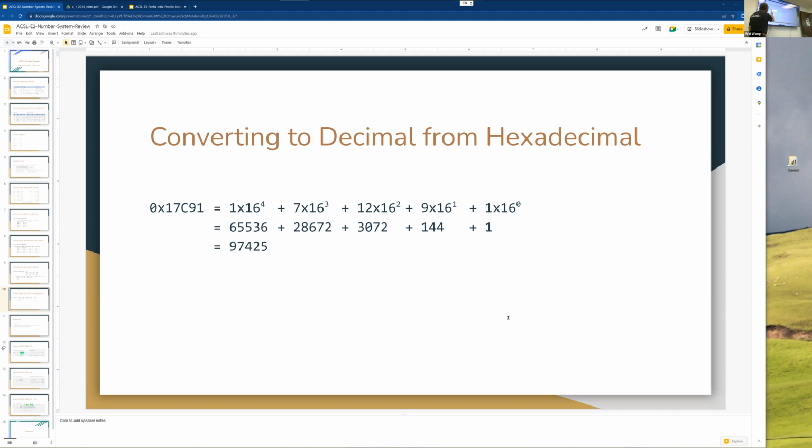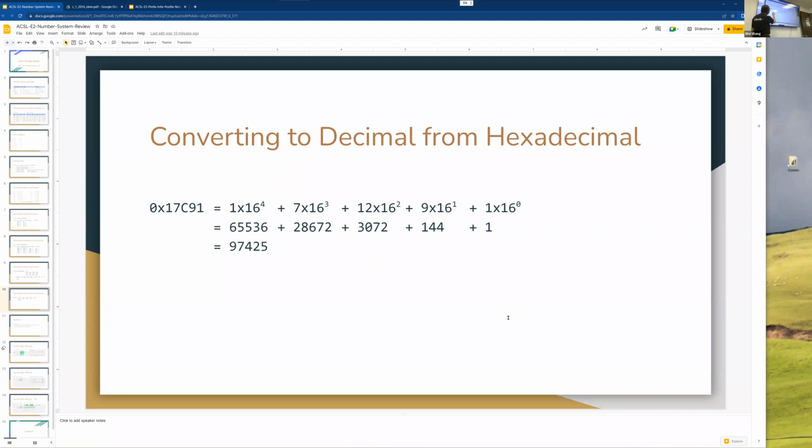Yeah. Well, in hexadecimal, basically every digit position in here is the next level of power of 16, right? So this is 16 to the power of 0 for the lowest position. And the next one is 16 to the power of 1, and this is 2, this is 3, and this is 4, right?